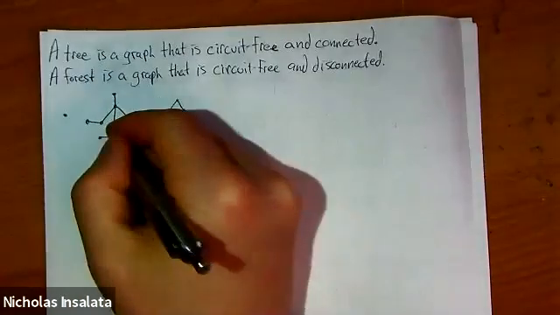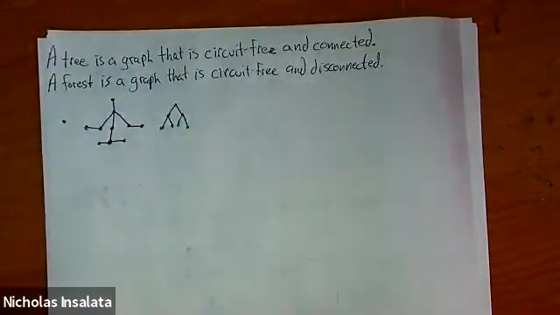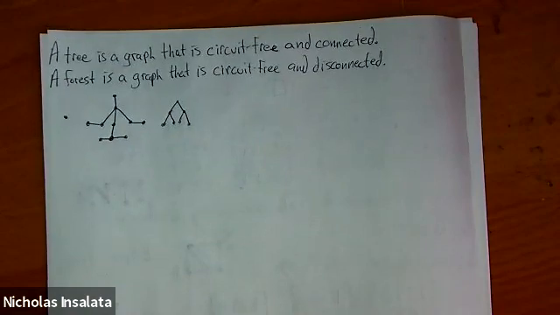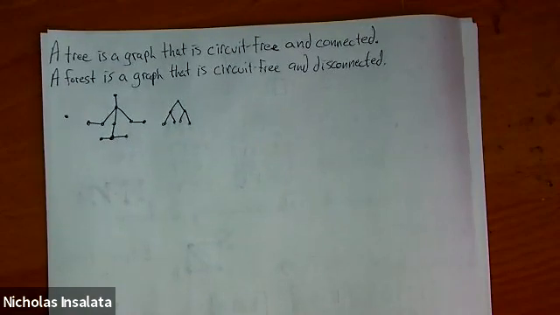Any ideas there? Put in a circuit, good. And how would we do that exactly? What would we need to add to the graph to make a circuit? Add an edge, add an edge without a new vertex.